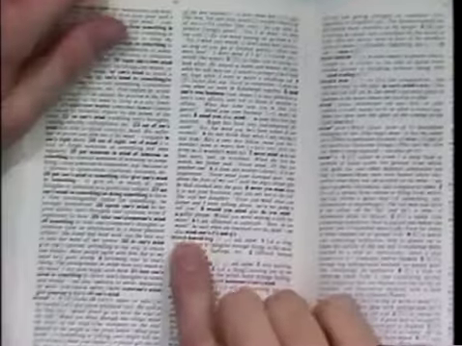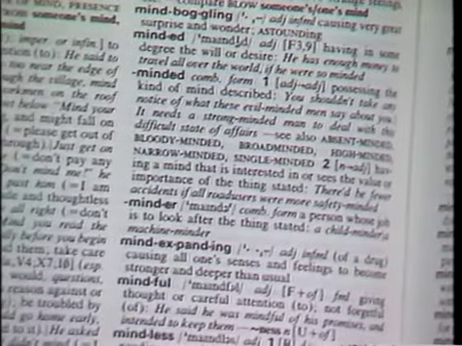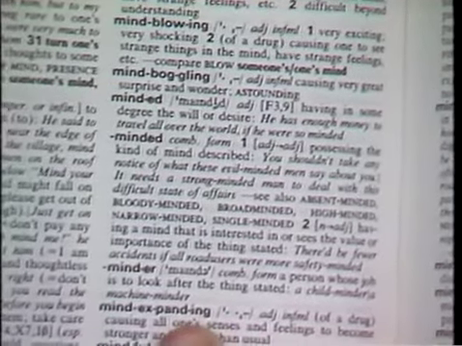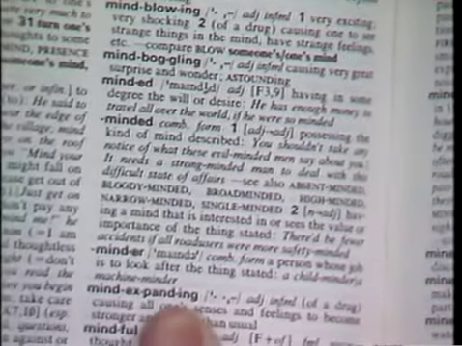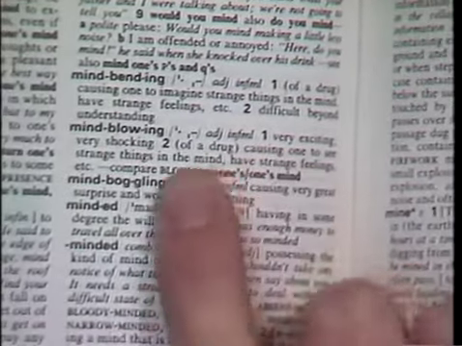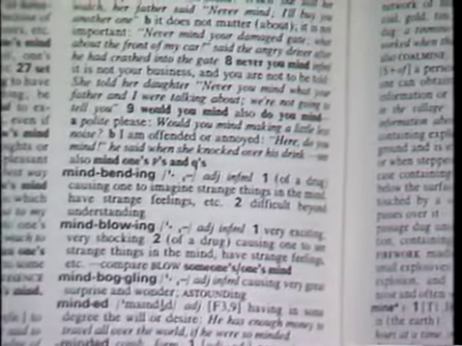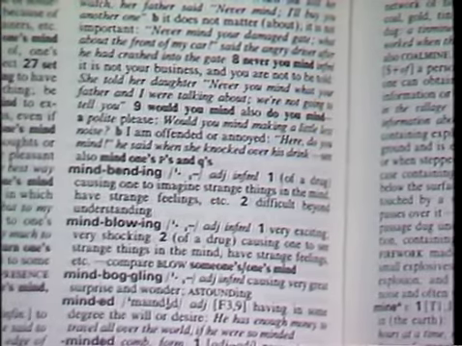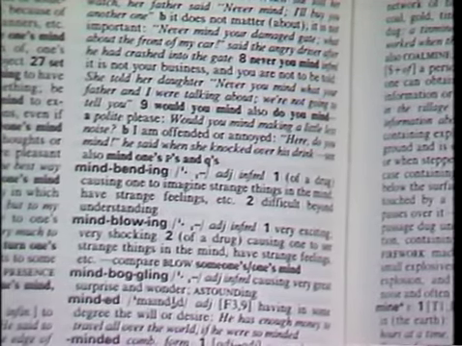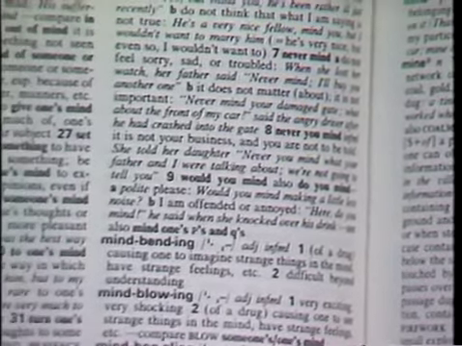They have mind-bending, mind-blowing, mind-boggling, and mind-expanding, and so on. All these terms that really weren't in the other dictionaries were explained here rather clearly, and so I decided not to use any of them. But anyway, this answered my question as to what I wanted to do for usage for the language of today.